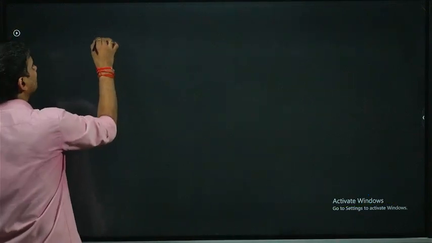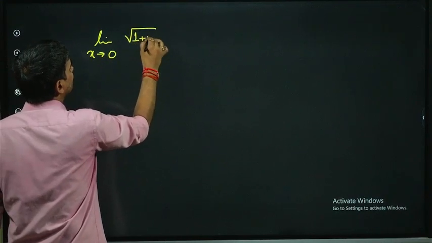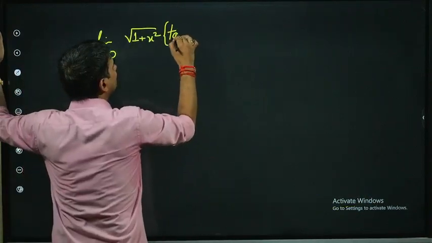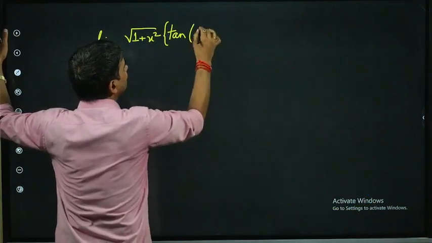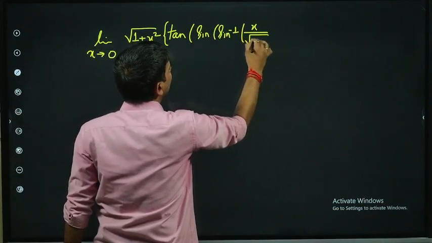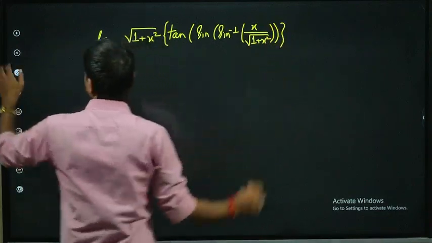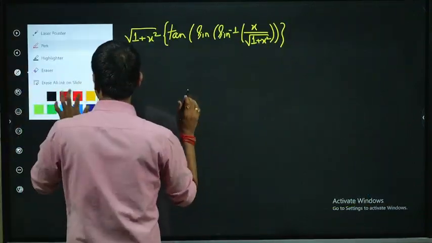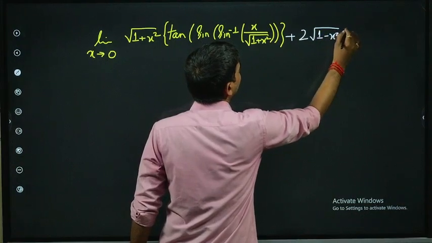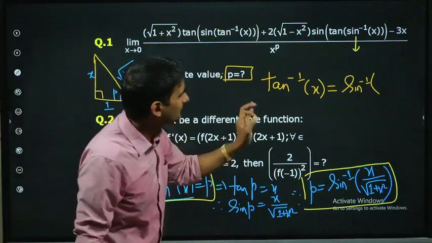So now let's do it. Limit as x approaches 0 of square root of 1 plus x square into tan of sine inverse of x by square root of 1 plus x square. That's the first term. Then we have plus 2 times square root of 1 minus x square into sine of tan of sine inverse of x.